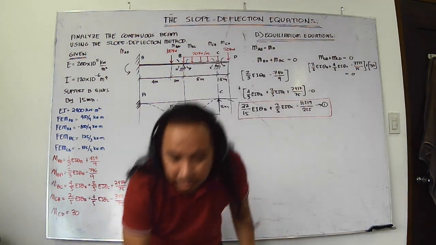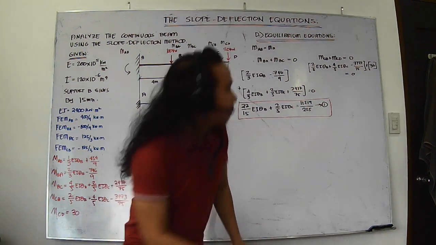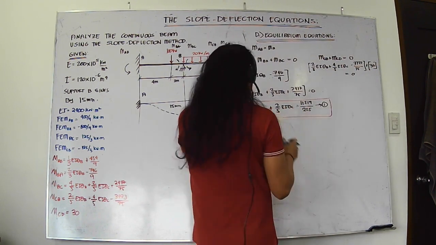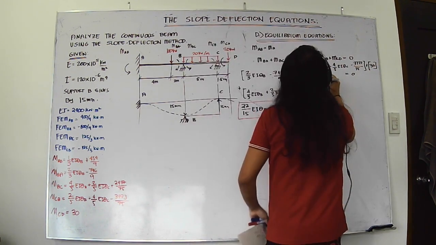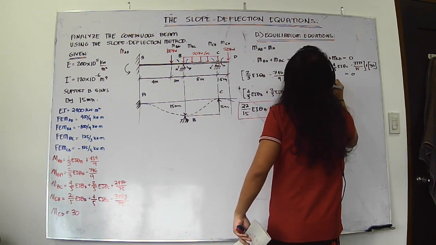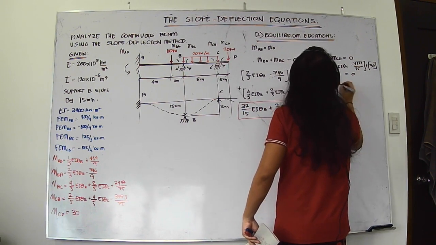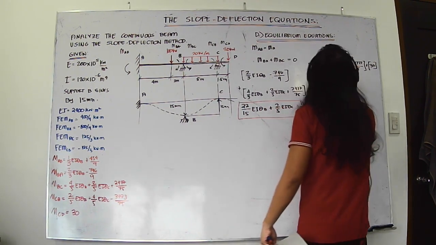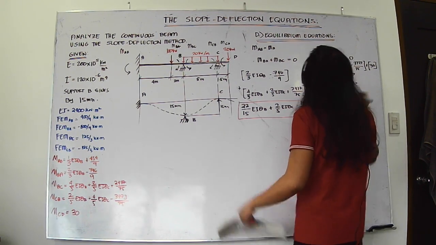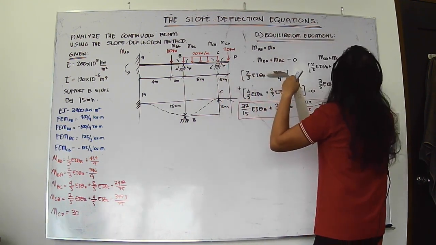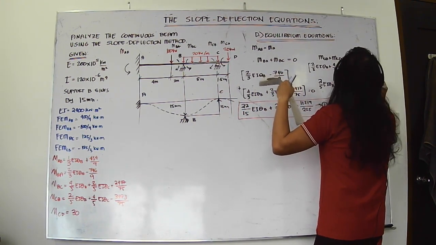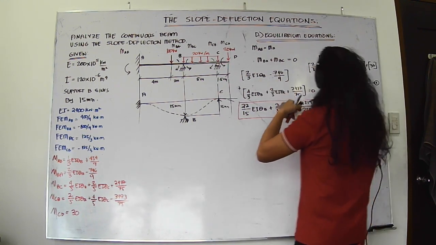I hope that's clear. Simplifying, we arrive at 2/5 EI theta B plus 4/5 EI theta C equal to 1523 over 75. This is our equation number 2.